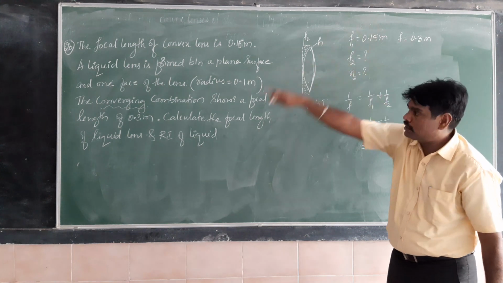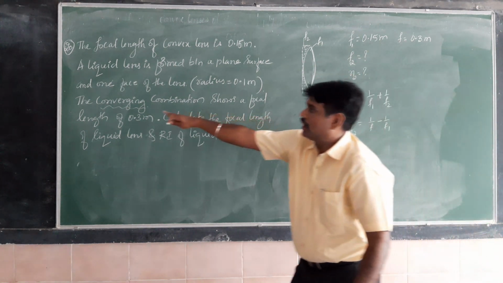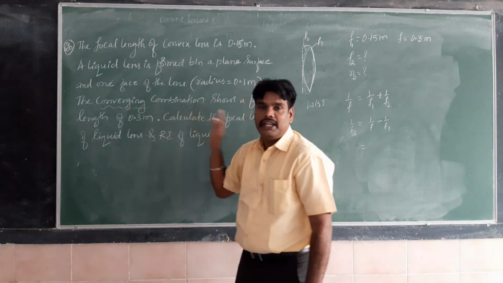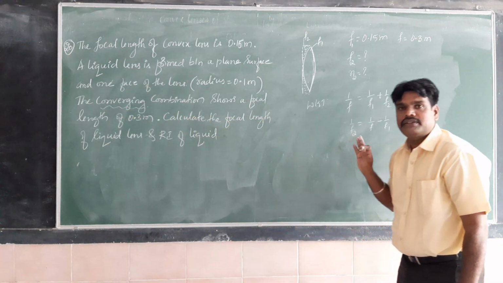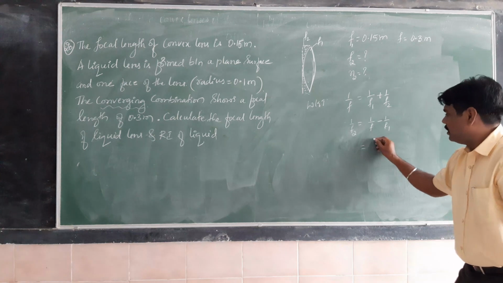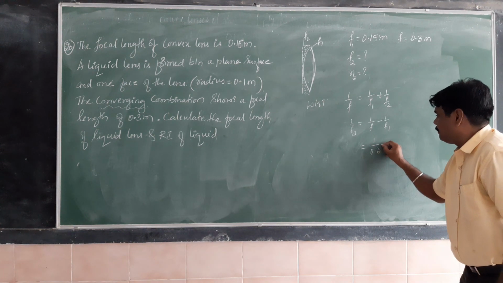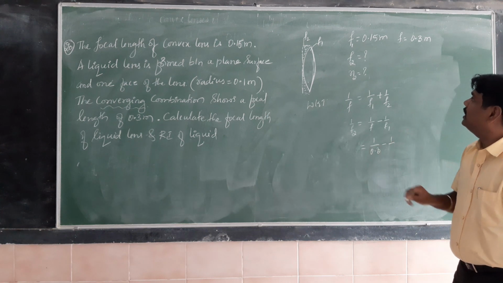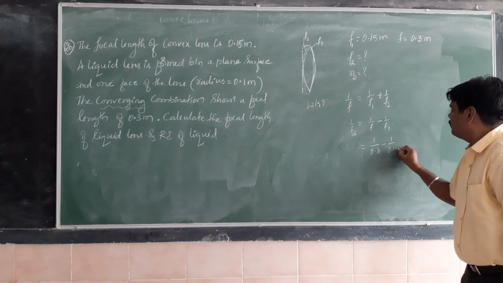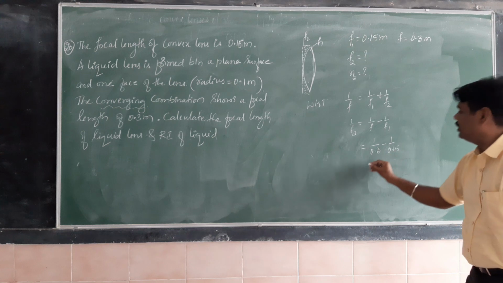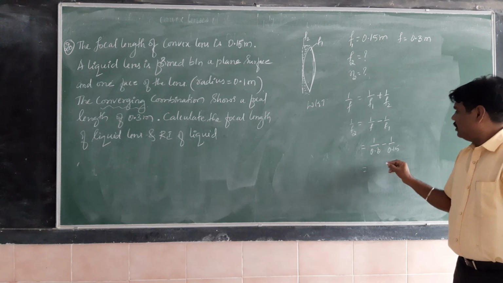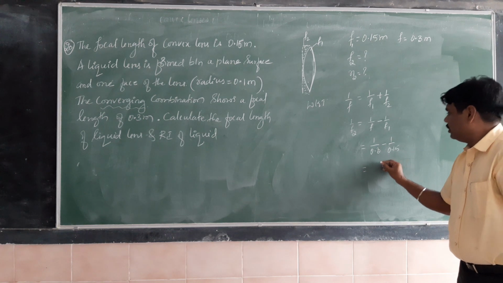The combination also behaves like a converging, or convex, lens. So 1 divided by 0.3, minus 1 divided by f1, which is 0.15.